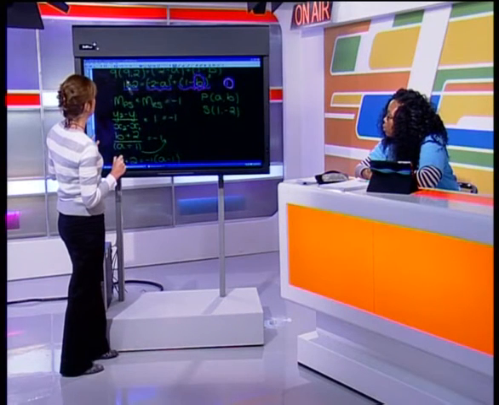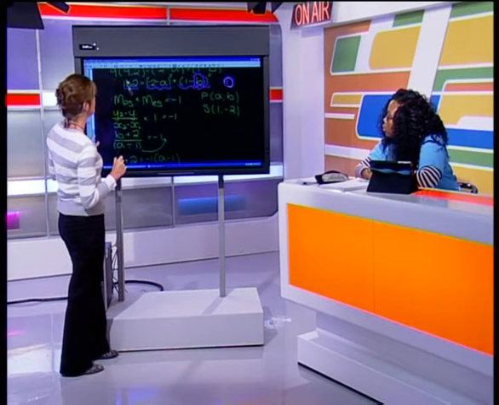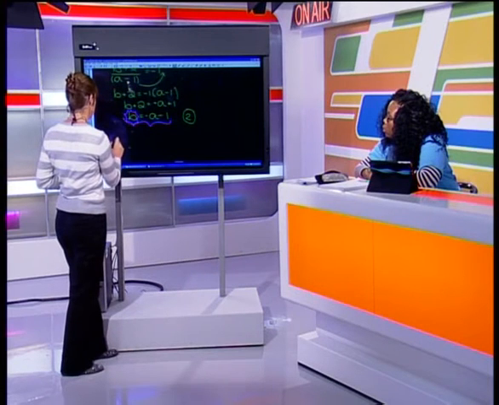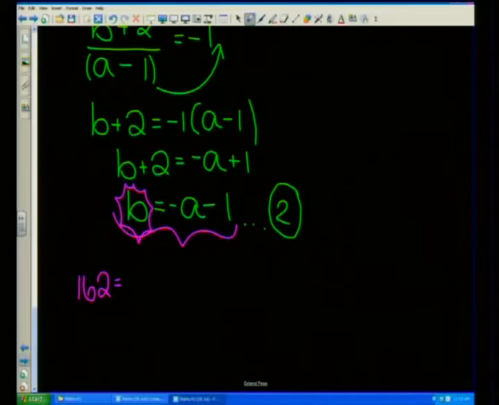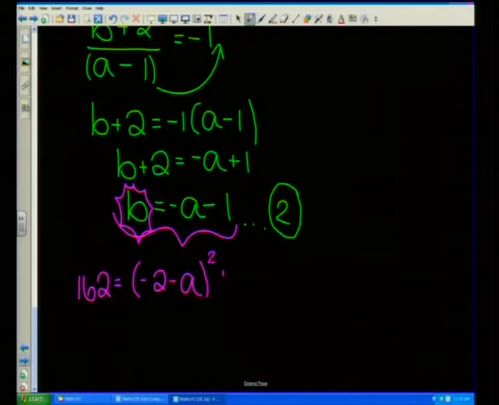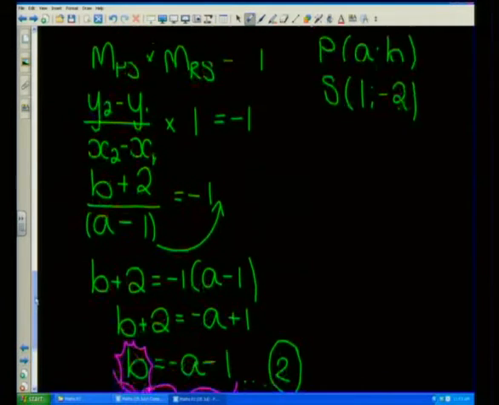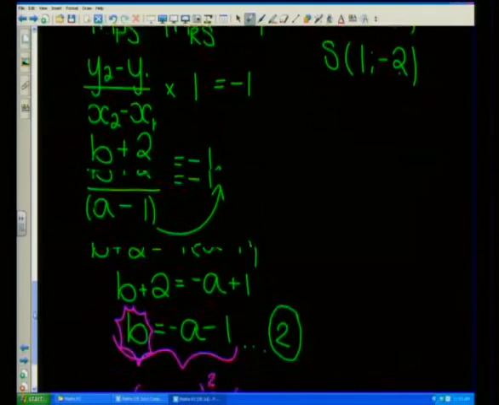Let's quickly write it out. 162 is equal to negative 2 minus a squared plus, and we had 1 minus b squared.